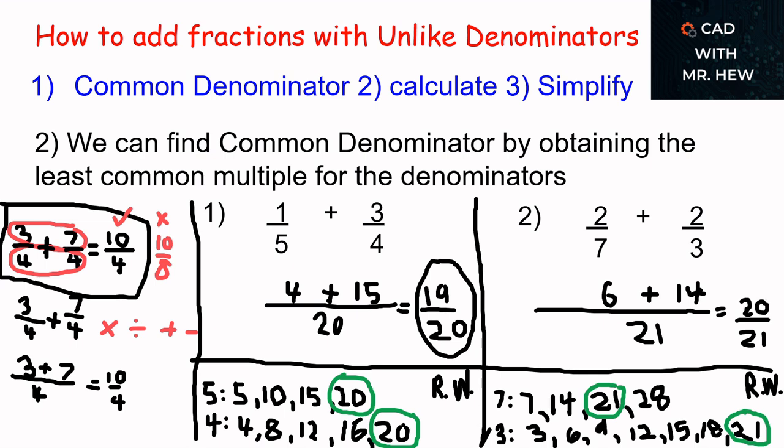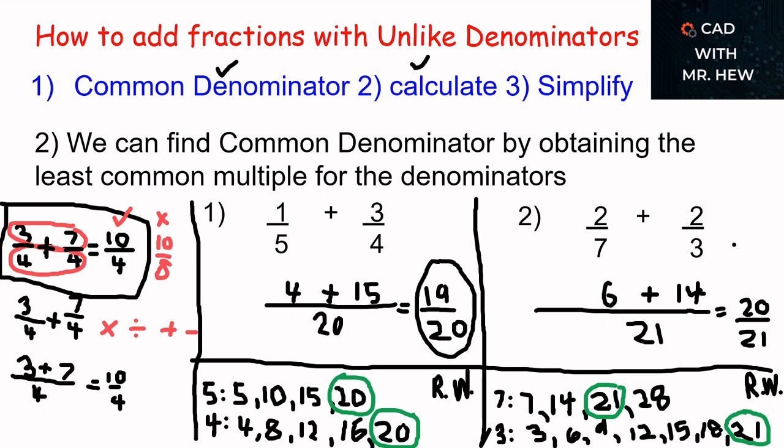All right. So we're going to come back up to the blue heading that we have up here. So we found a common denominator for question 2. We did our calculation, and now the answer is 20 upon 21. It is common practice in math to simplify a fractional answer.